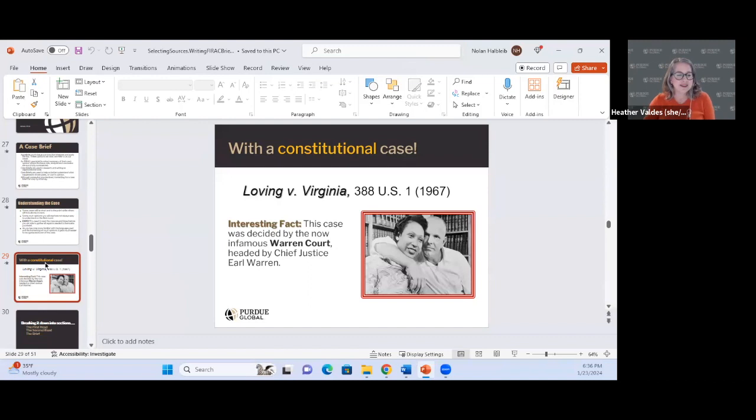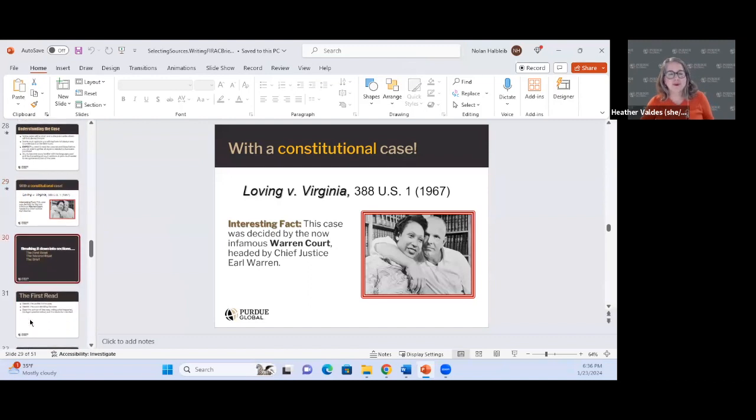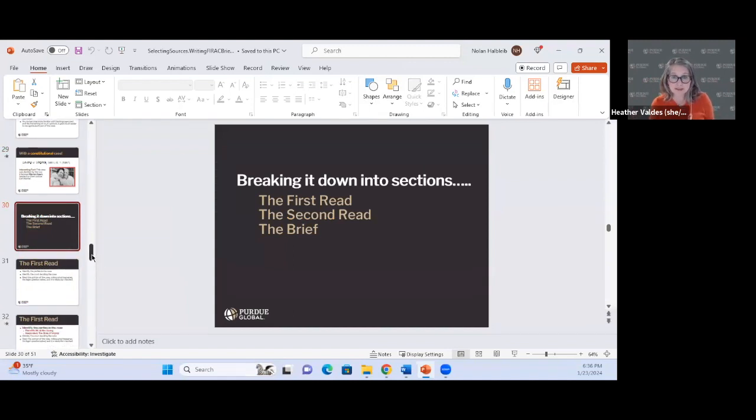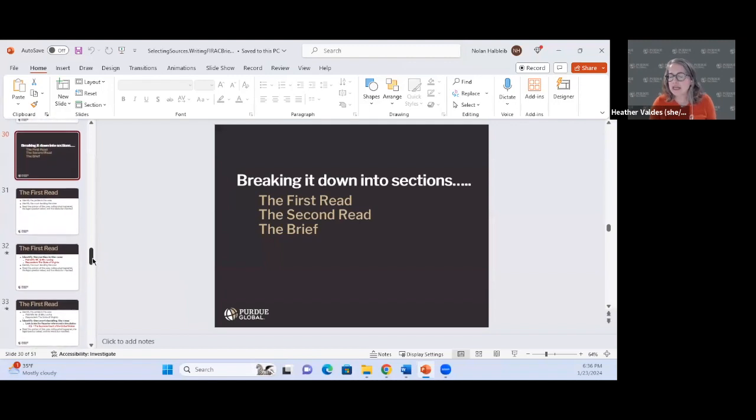Go ahead, Professor Nolan. So Supreme Court cases are full of information. They often give you a historical perspective and bring in all kinds of statutory and case law or regulatory law. And so it really helps to break these court opinions down into sections.